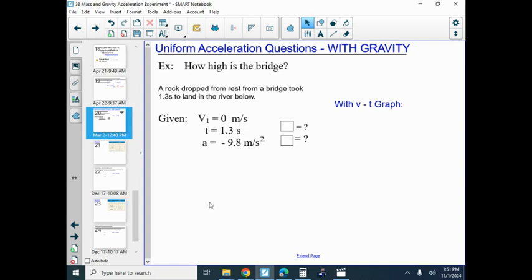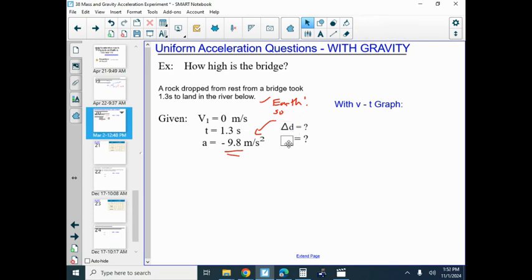So the assumption is we're on Earth for this bridge, and so we have this hidden information of negative 9.8. It's pretty common for textbook authors to do it that way. It's a fun little trick they like to throw in. It seems like they didn't give you acceleration, but in fact they did, because of the gravity thing.